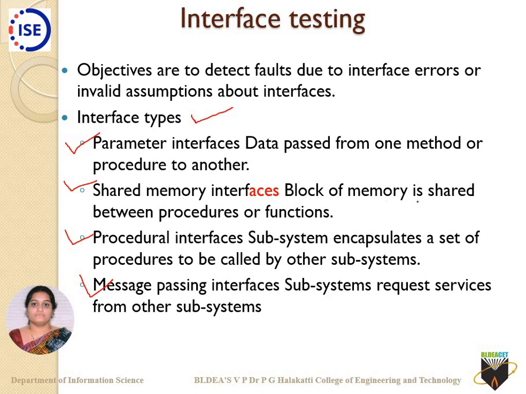Shared memory interfaces mean a block of memory is shared between procedures and functions. Procedural interfaces mean a subsystem encapsulates a set of procedures to be called by other subsystems. Message passing interfaces mean subsystems request services from other subsystems. I call them all under this categorization called interface testing.